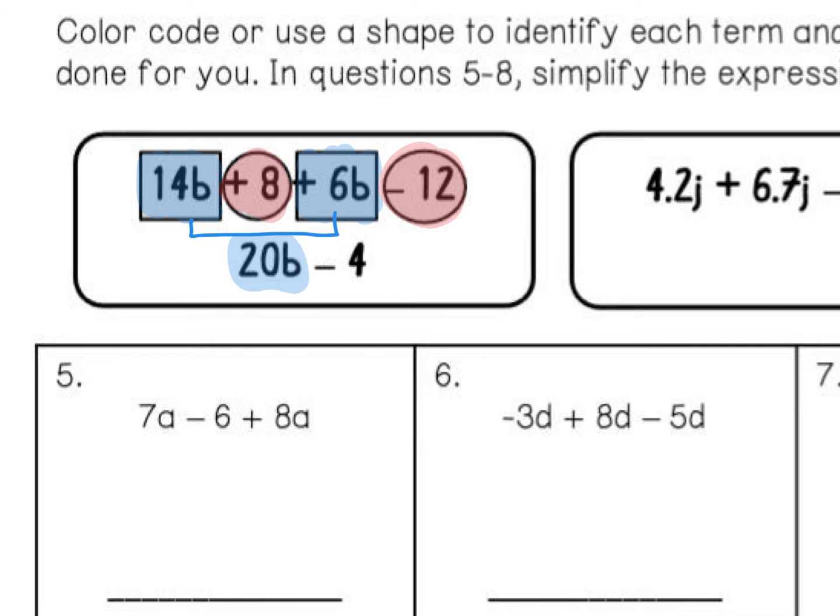So then I do the same thing for my constants. I have a positive 8, but then I have a what? Negative 12. So what is 8 minus 12? Negative 4. So here it is, negative 4. I have 2 different colors.